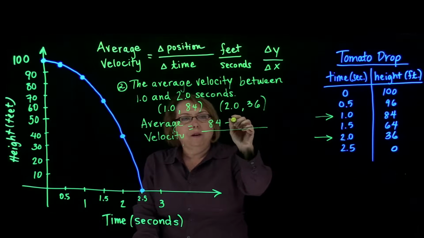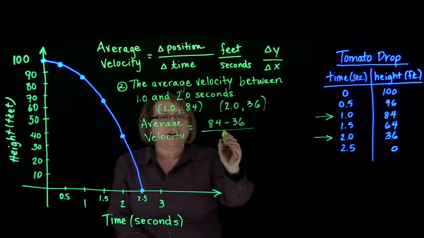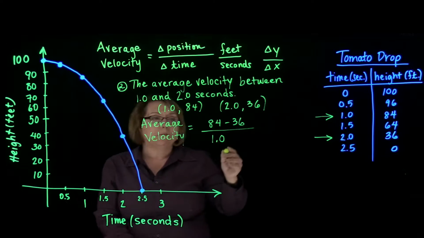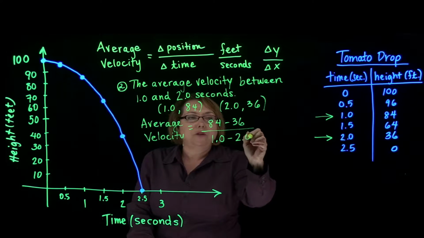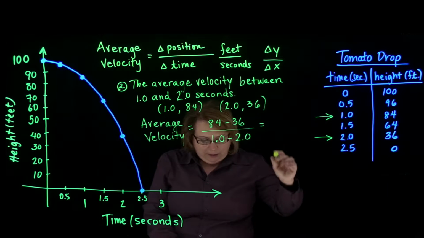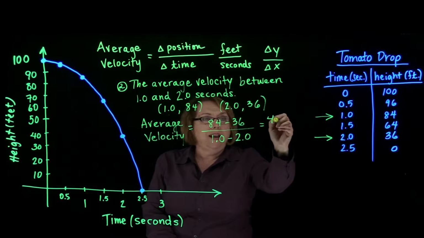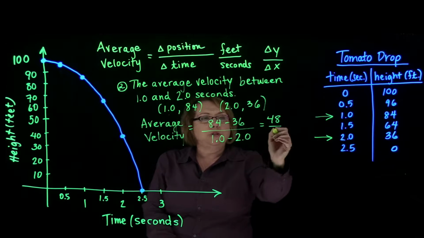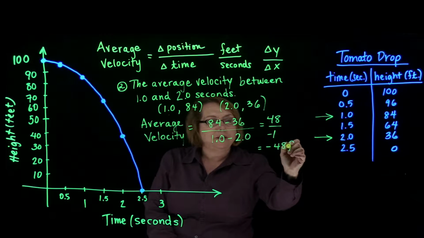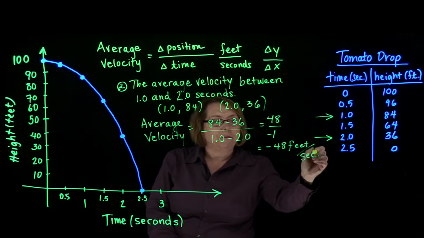So 84 minus 36, and then divided by, I have to take the time 1.0 from this point, since that's what I started with, minus 2.0. So 84 minus 36 is 48. 1 minus 2 will be negative 1. So this will be negative 48 feet per second.